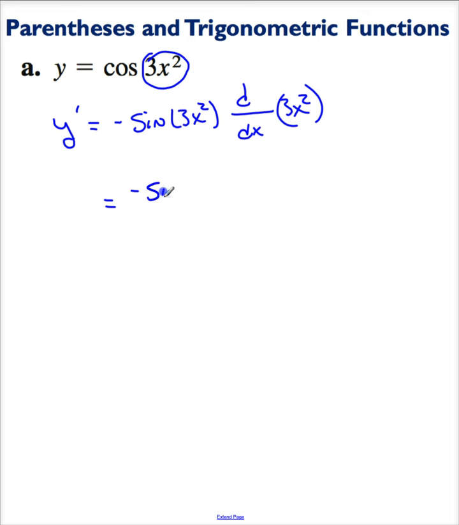So this is minus sine of 3x squared times, now what is this derivative? This is 6x. Now when we write these, you always pull this mess to the front and leave your trig function at the back. You make fewer parentheses mistakes.